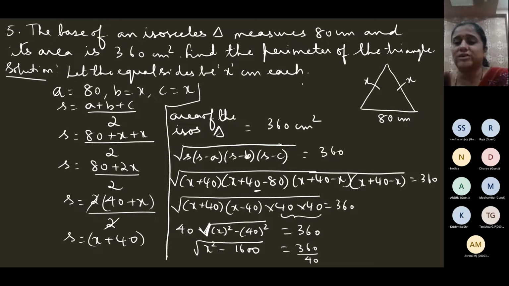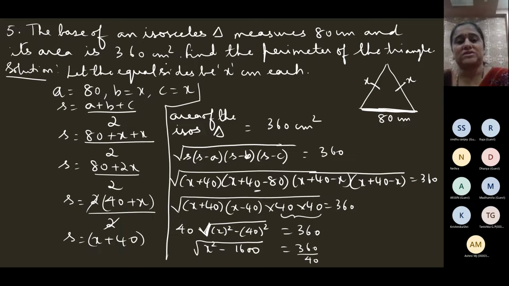That is why I've taken this one as 80. This is the third side, and the two equal sides are not the base. So we don't know the equal sides, so we've called them x. The base is the third side, which is not any of the equal sides. That is 80. Okay, so this is given. And what else is given?